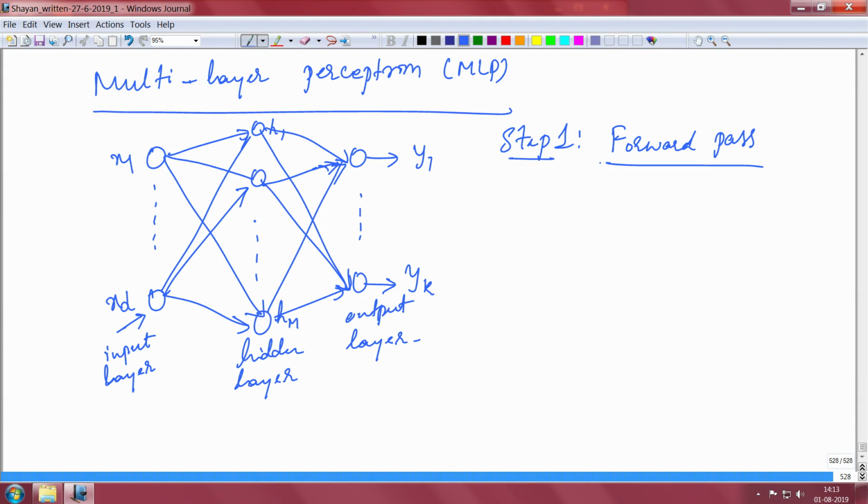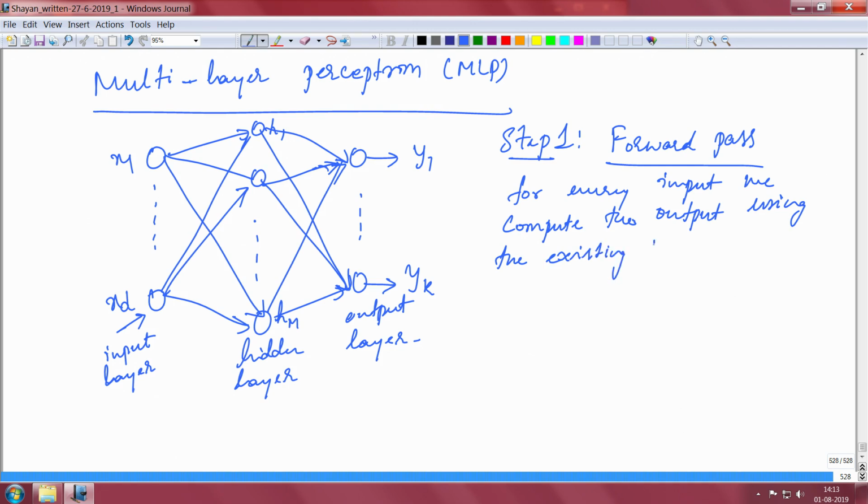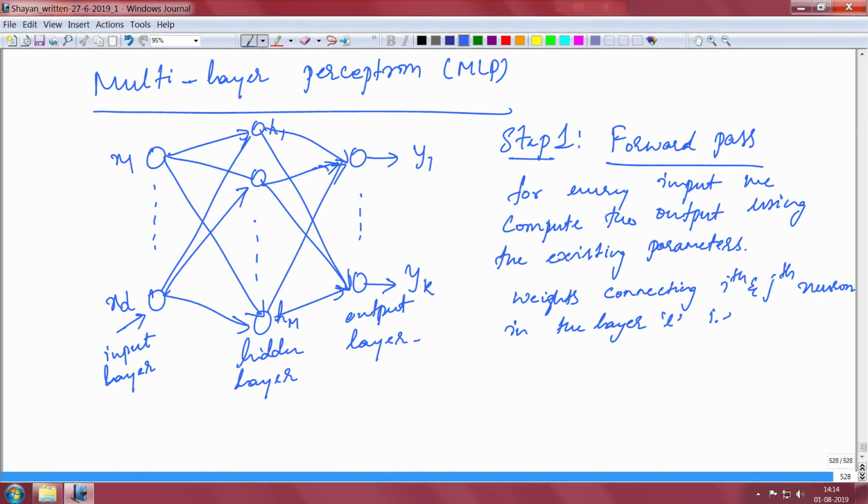In this step what we do is, for every input we compute the output using the existing parameters, and those parameters are nothing but the weights connecting ith and the jth neuron in the layer L, that is Wij of L. So, using these parameters we compute the output in the forward pass.